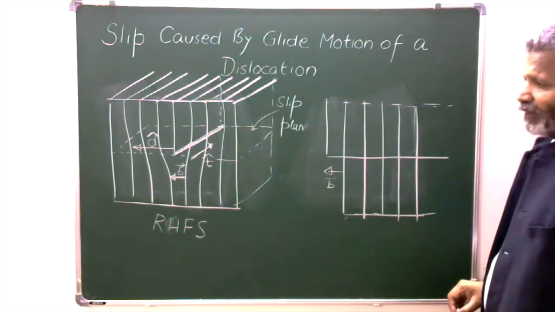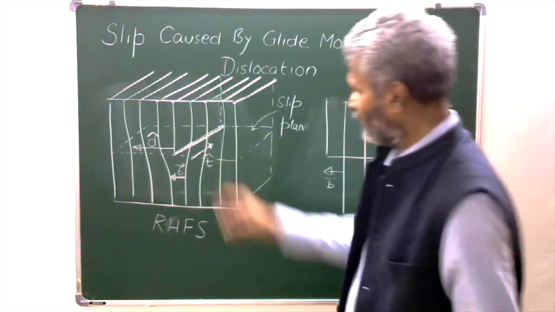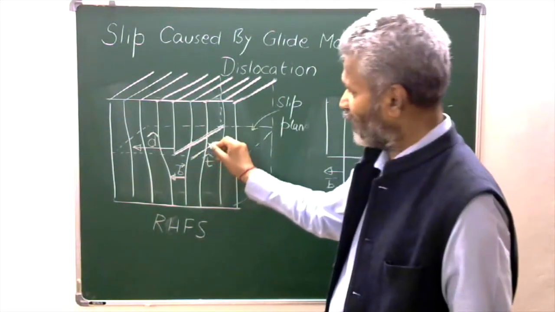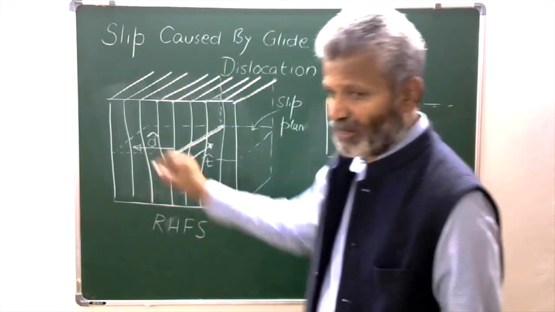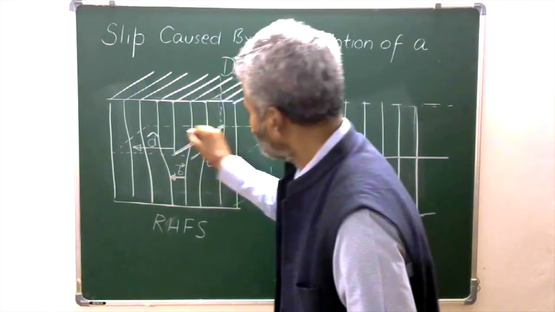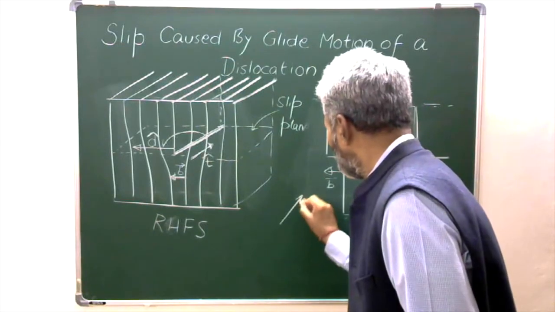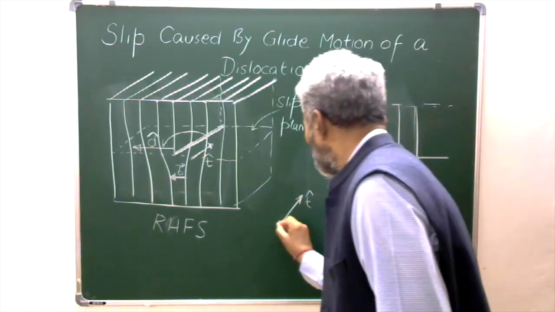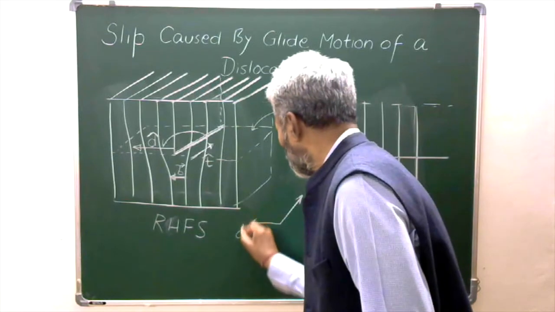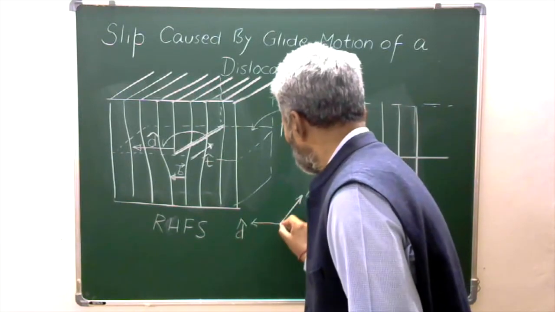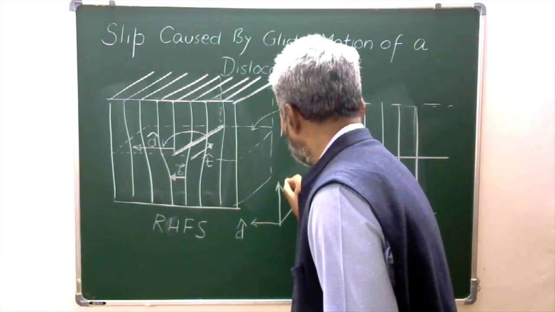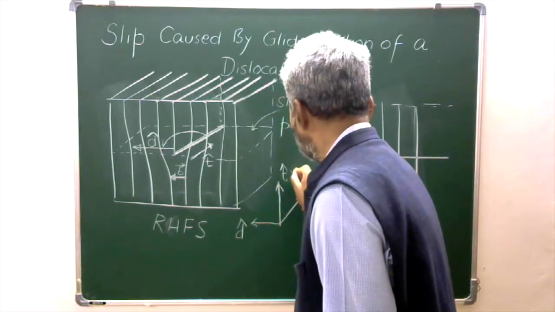Now, if you see here, the way we have assigned, the t vector is going in, the d vector is to the left, so t cross d, if you create a vector, so t vector is going in, the d vector is towards the left, so the t cross d vector is pointing up.